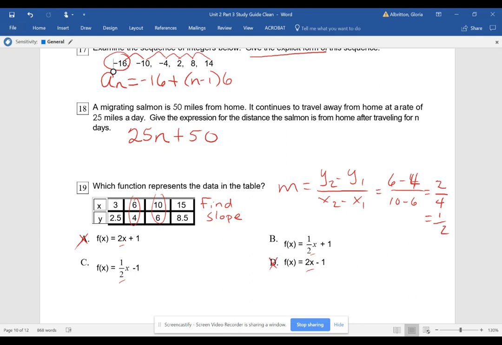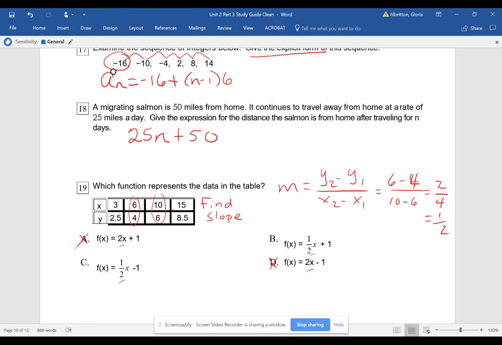All right. Now, I need to know if my y-intercept is -1 or +1. So one of the easiest ways to find the y-intercept is to take one of these points. You probably did this in 8th grade.